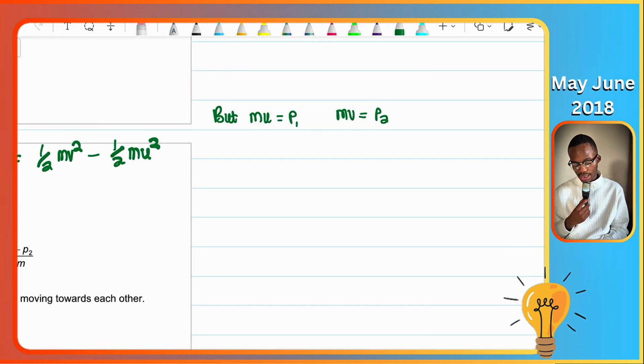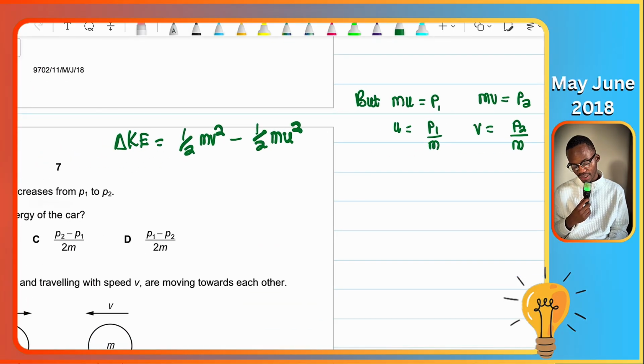Okay, so we can clearly see that u is equal to P1 divided by m, and v is equal to P2 divided by m. Okay, so if we go here, I can effectively say, well, 1/2 factor out m, v squared will be P2 squared divided by m squared minus, I factored out 1/2 from both of these, so I'm left with v squared minus u squared, P1 squared divided by m squared.